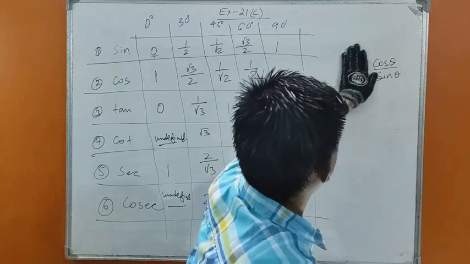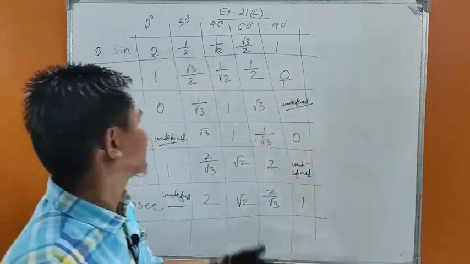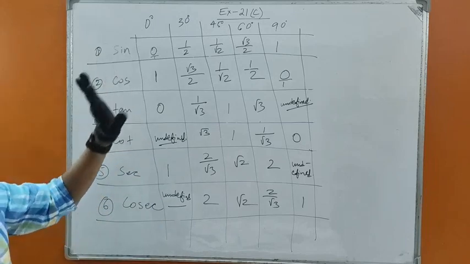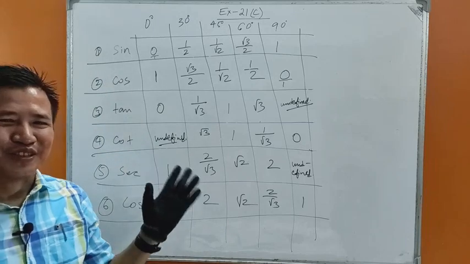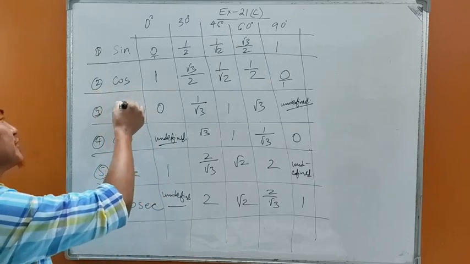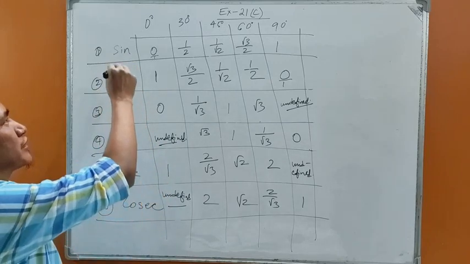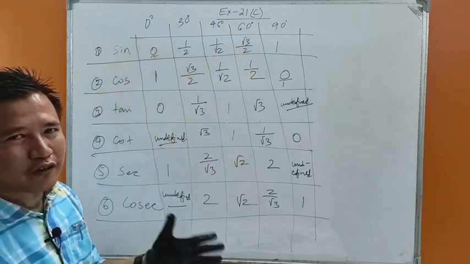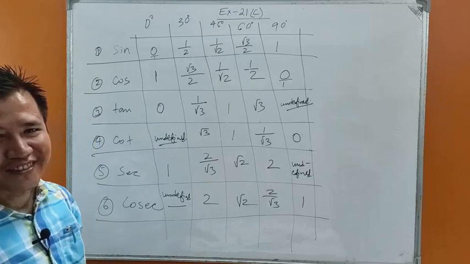So I hope you understood the concept, how this table is prepared. Now the thing that we need to know is the value of sine, cos, tan, cot, sec, cosec for the different angles, while solving the problems from the exercise.